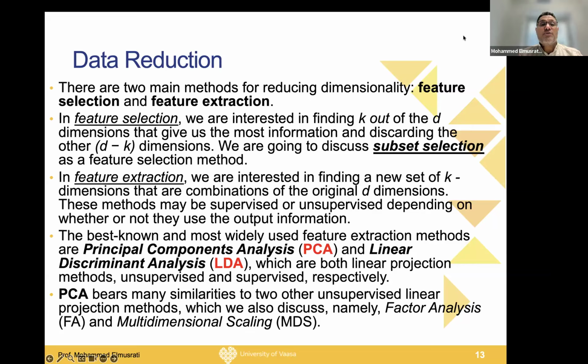The second type of data reduction is called feature extraction. In feature extraction, we don't actually remove any features, but we project the data that we have as input to a smaller space.